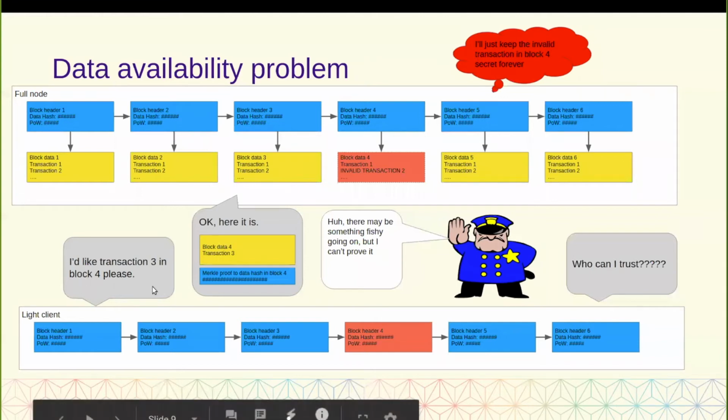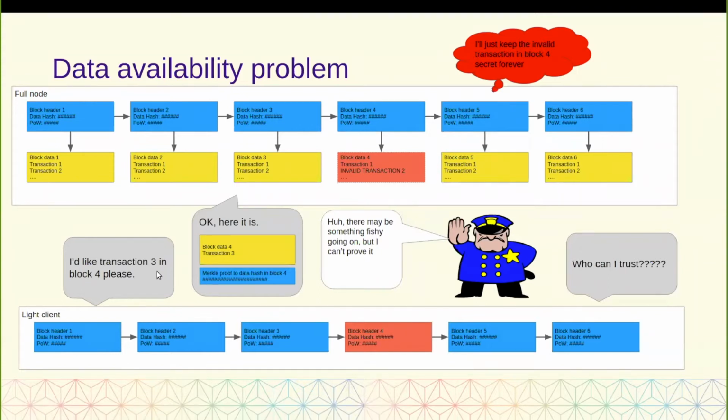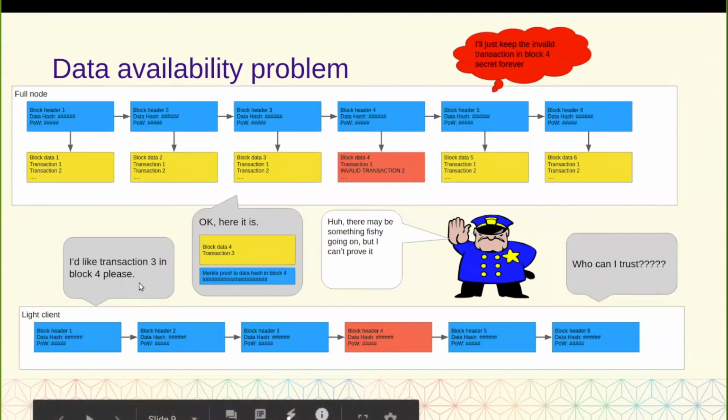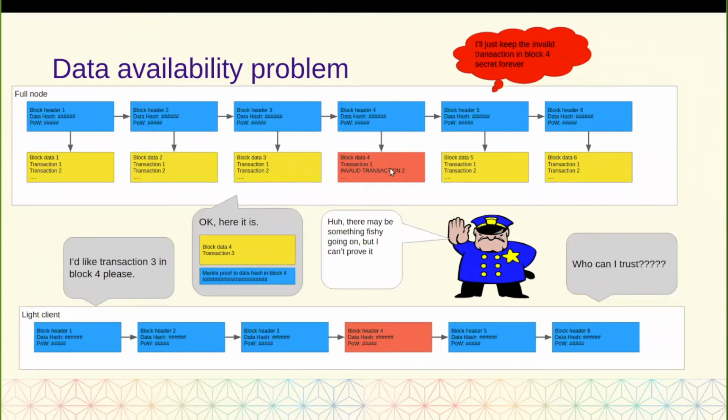And so once again, we go through this little dialogue here. So the light client would like to get this transaction 3, which is not the invalid transaction. This one is available. The node answers, and now our policeman, I mean, typically the policeman represents another full node that would check all this.